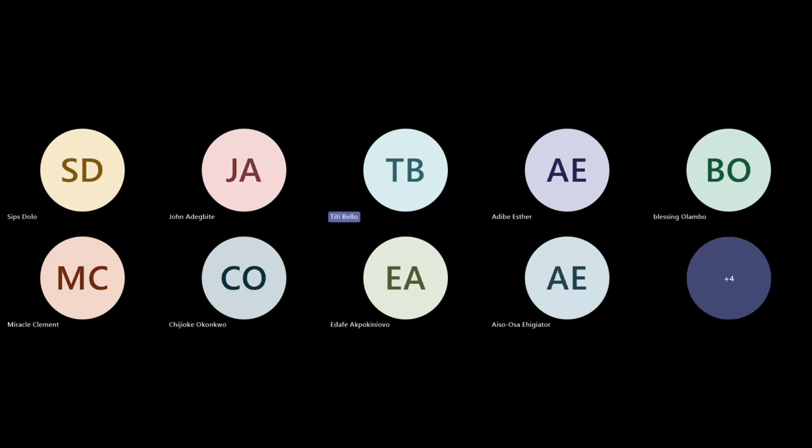So you can send us a message and we will try as much as possible to attend to you. And if that is not fast enough, you can send an email. I think I respond to email faster. So you can send an email and we'll try to attend to you as much as we can.